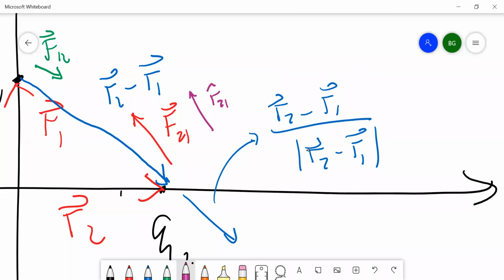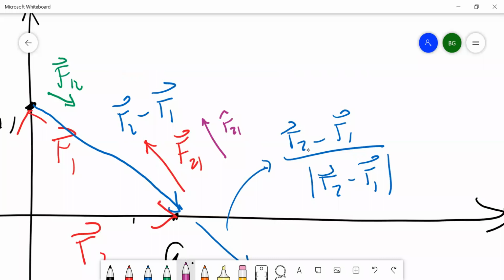And the direction of R12 is like this, the R hat.